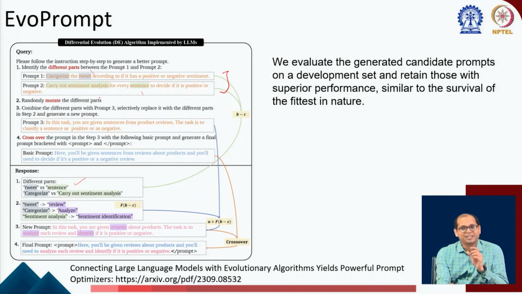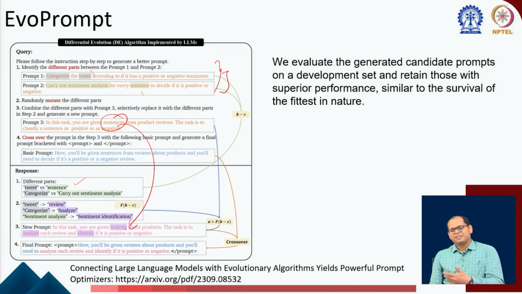So randomly mutate the different parts. Tweet goes to review, categorize goes to analyze, and so on, and then you combine the different parts with a new prompt. So you understood the different parts, now you take a new prompt and see where you can replace. Like here, you are given sentences, so sentence can be permuted, so you say review.